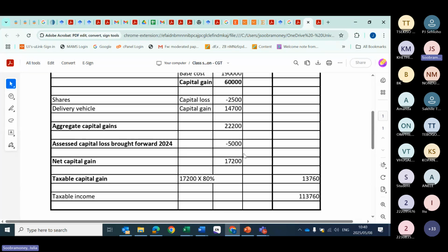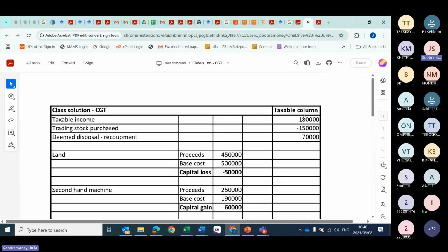Out of the net gain, how much is going to be taxable? Only 80% will be taxable. So I'm only going to include in my taxable column 13,760.